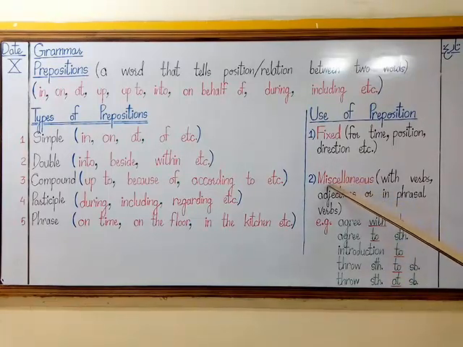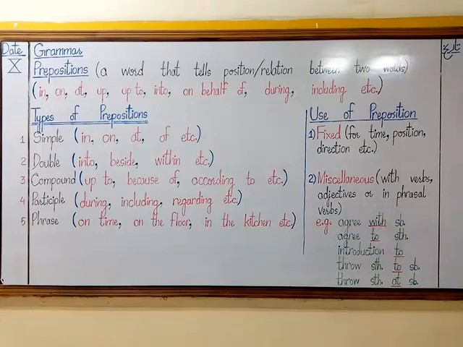And as far as miscellaneous prepositions are concerned, we will go through them along with these fixed prepositions also. So the question that you have in your board paper about preposition can have fixed prepositions and miscellaneous prepositions both. So we don't need to study much about fixed prepositions because you already know about them. We will be going through miscellaneous prepositions with the help of examples.